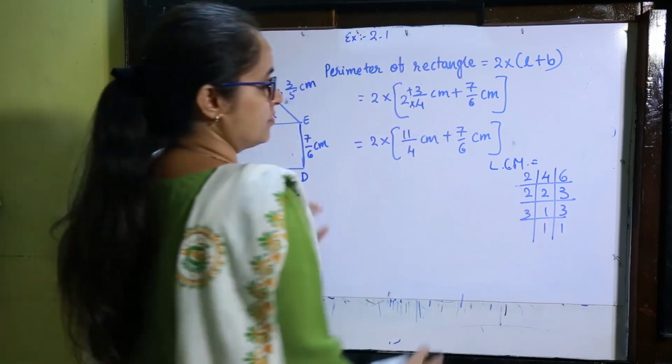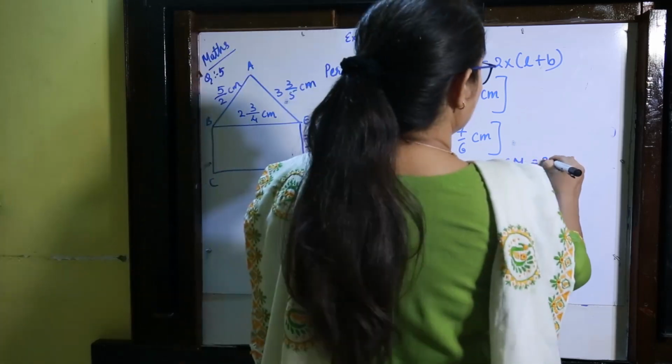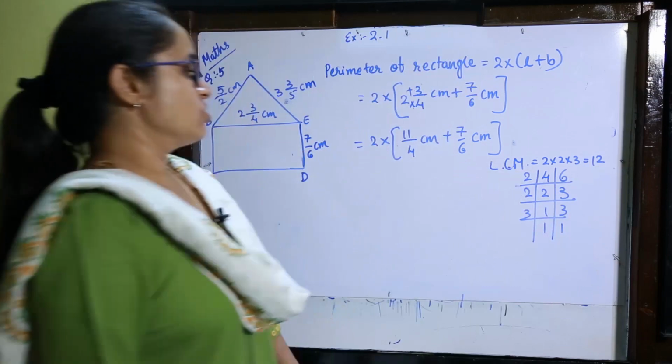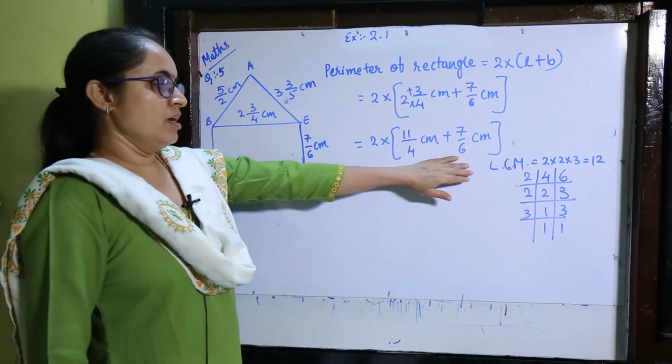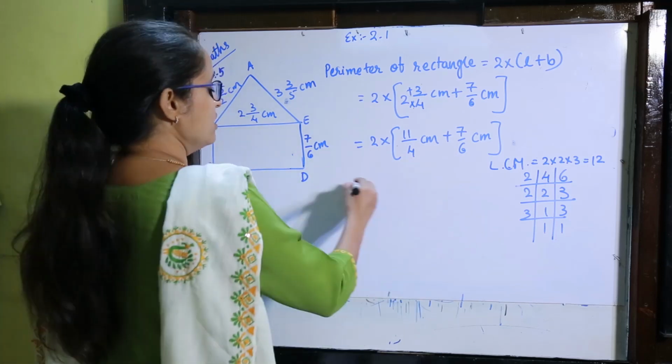So LCM is equal to 2 multiplied by 2 multiplied by 3 is equal to 12. So now in both fractions you have to bring the denominator 12.